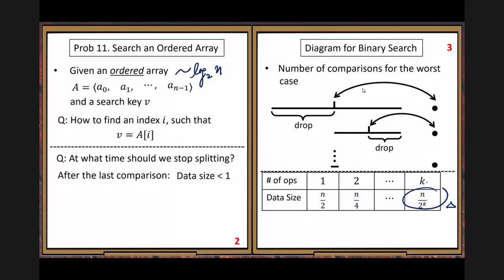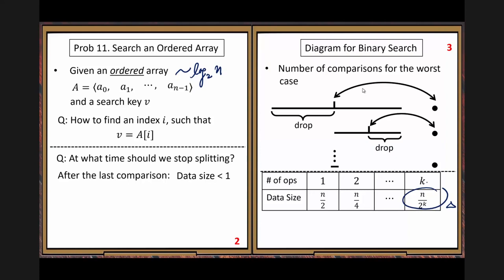Because we need to describe the data size for the last step. If the data size is strictly less than 1, then it can cover at most one element within that little line segment. Then only one element is left, so why would you do another split? That's the last split.